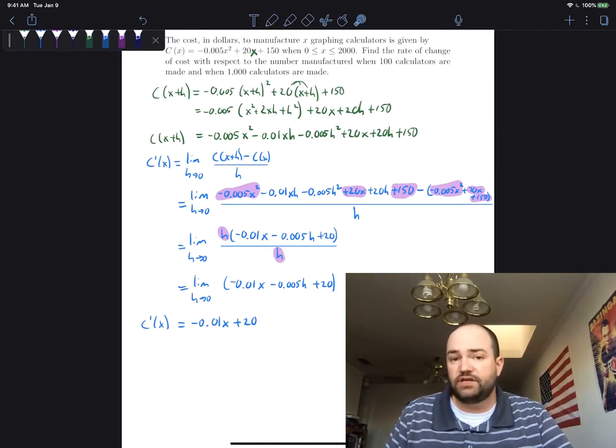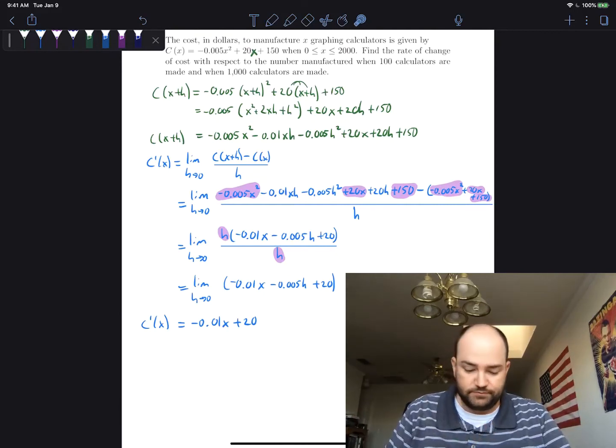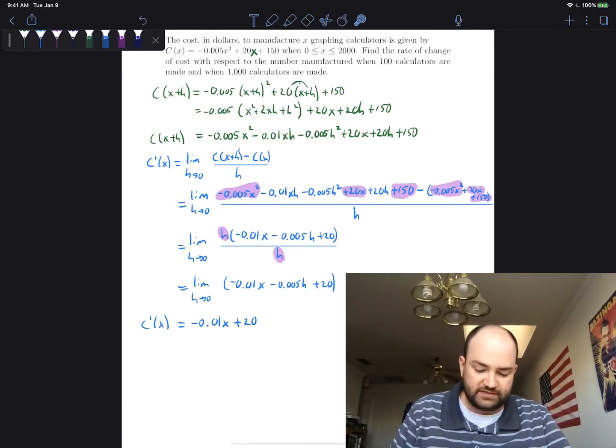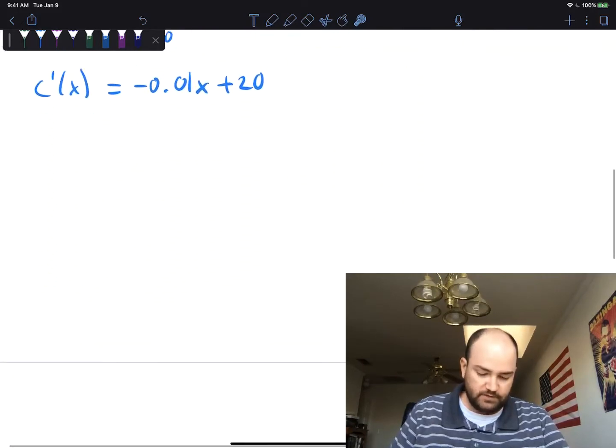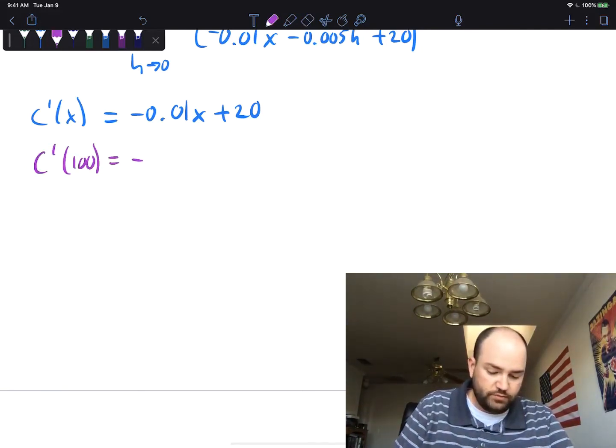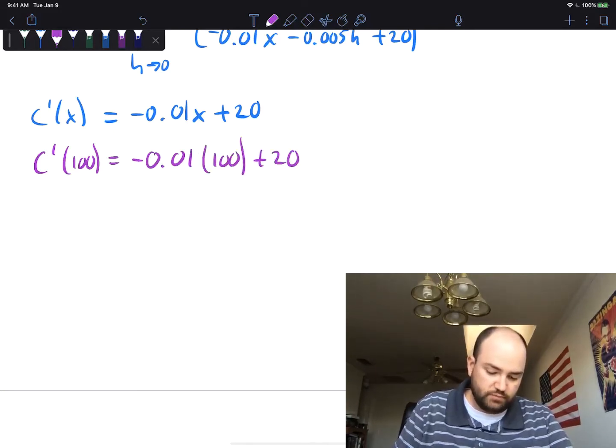Awesome. Now, that's the rate of change at any given x value. It wants to know when we have 100 calculators and 1,000 calculators. So we just need to plug this in. C prime of 100 will be negative 0.01 times 100 plus 20.